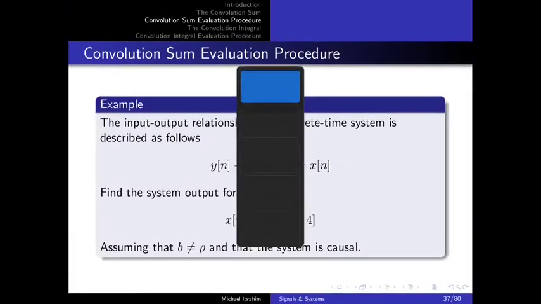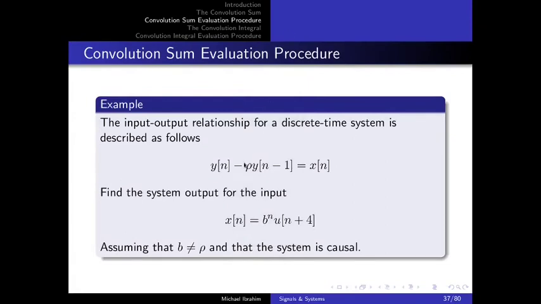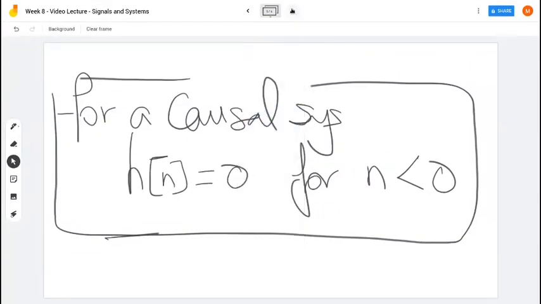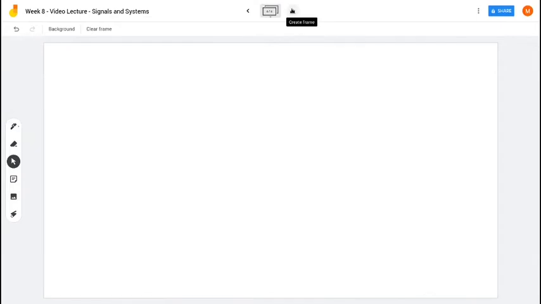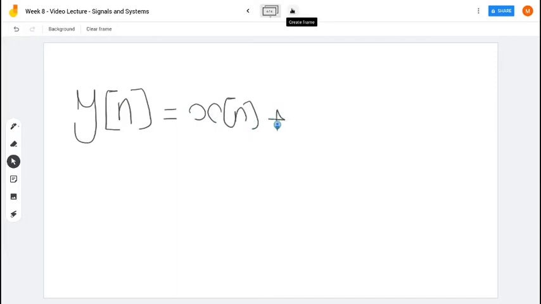So let's go back to our question over here and start working on it. y of n minus rho y of n minus 1 is equal to x of n. So let me write it like this: y of n equals x of n plus rho y of n minus 1.